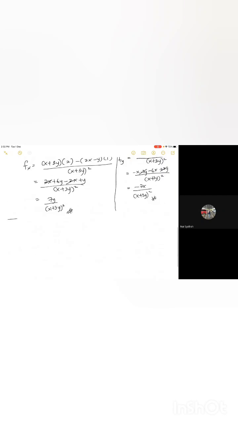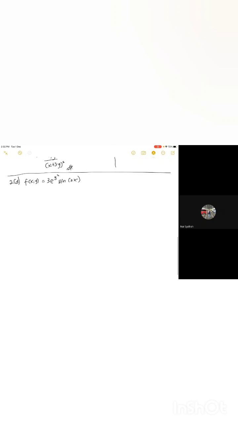Okay, let's look into 2D. So now we have a multiplication of two functions. The one is exponent, the other one is trigo, which is sine 2x. However, the exponent has only y variable and the sine only has x variable.